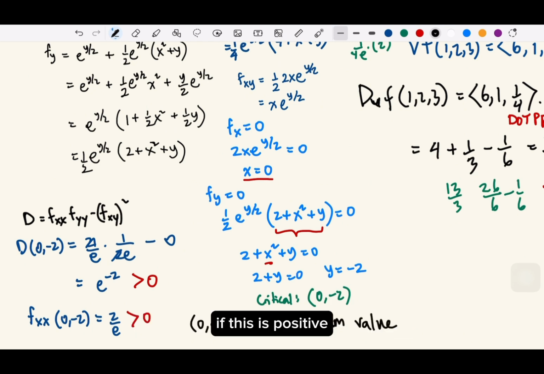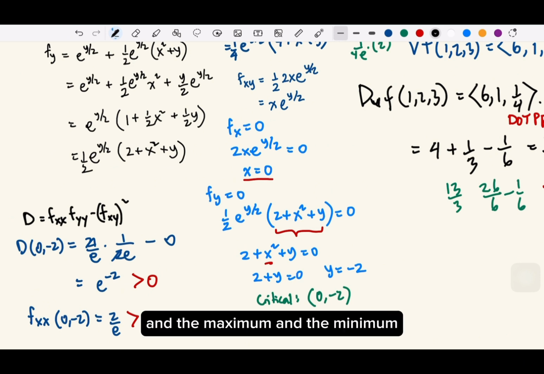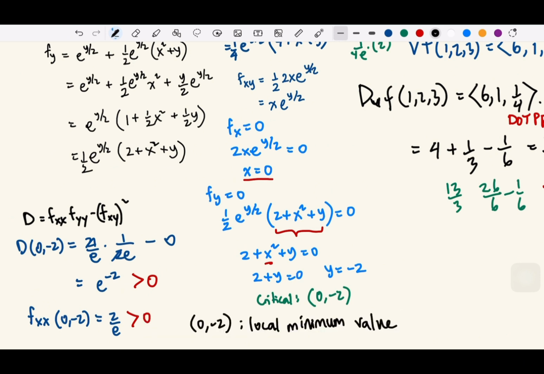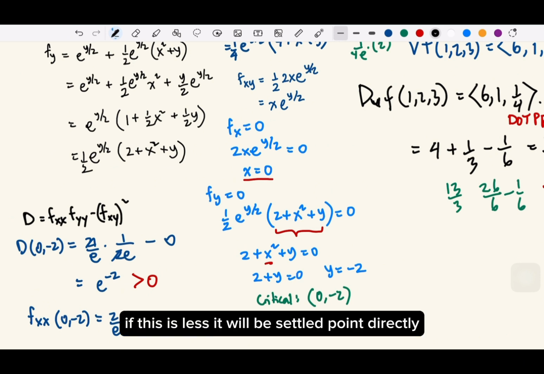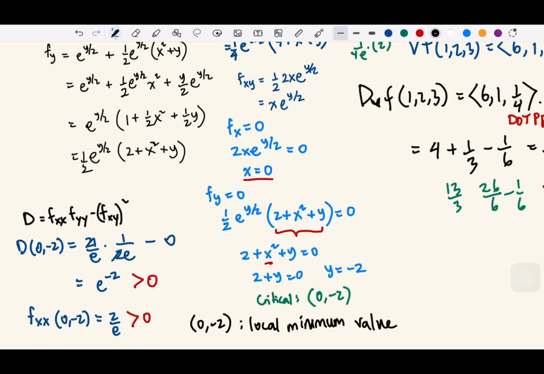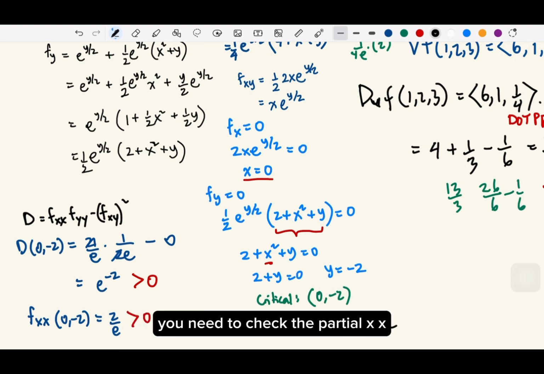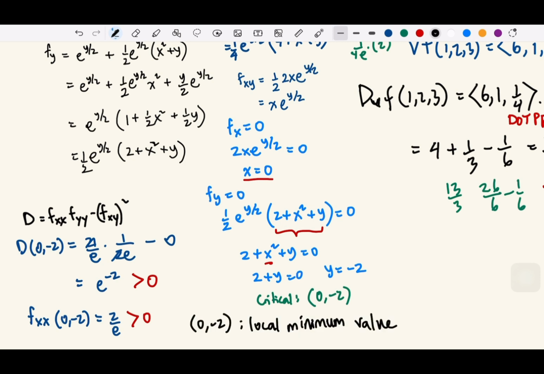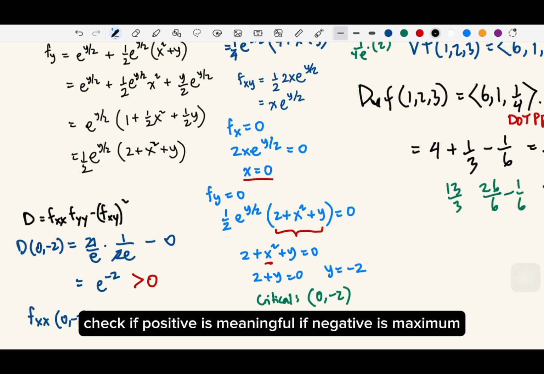If this is positive, there are two possibilities. Can be maximum, can be minimum. If this is less, it will be saddle point directly. So if this is positive, we need to check the partial xx. Partial xx, check if positive is minimum. If negative, it's maximum.